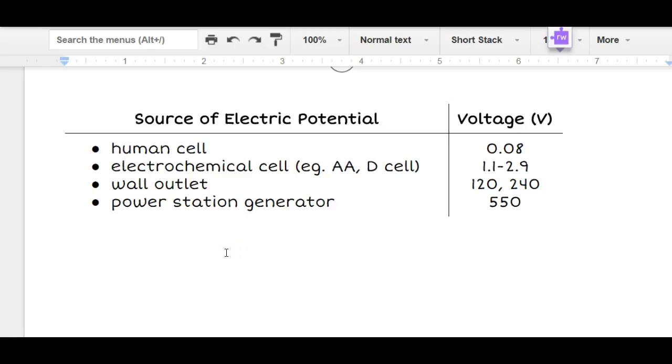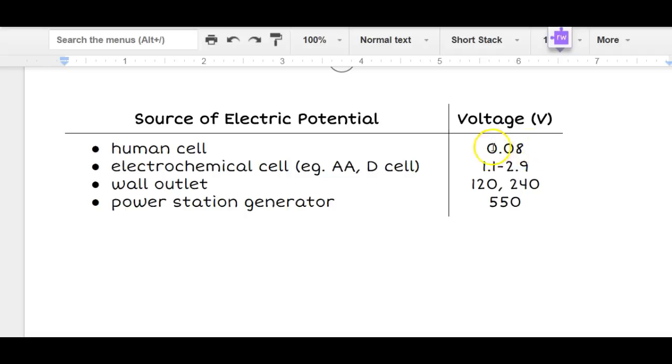So let's talk about this in practical terms, because what is a volt? What does a volt kind of look like, and how many volts do some common things exhibit? A human cell has a voltage of about 0.08.